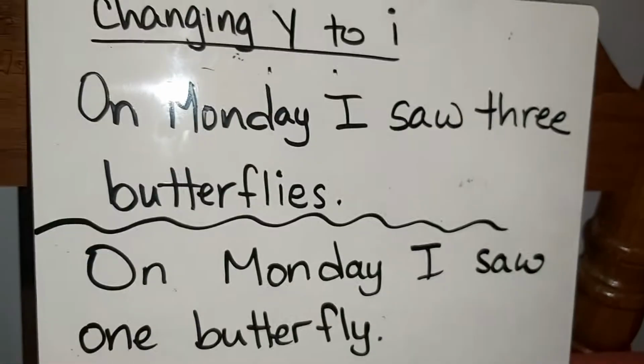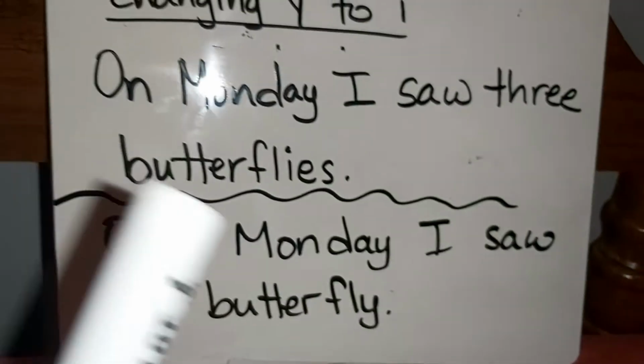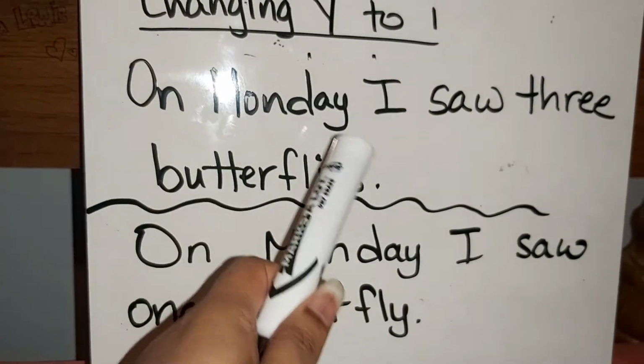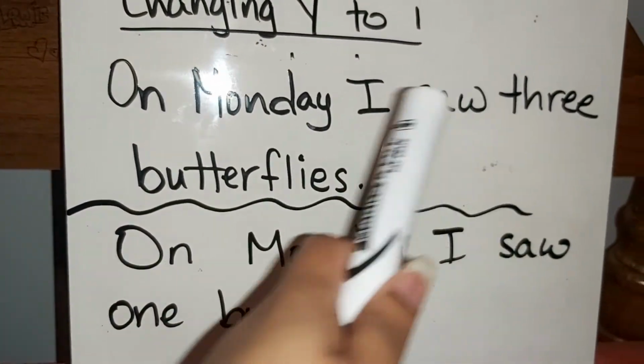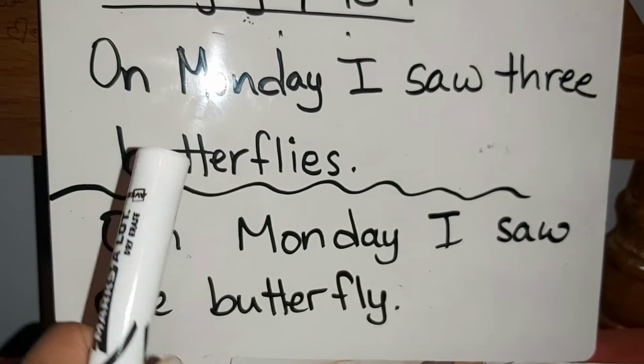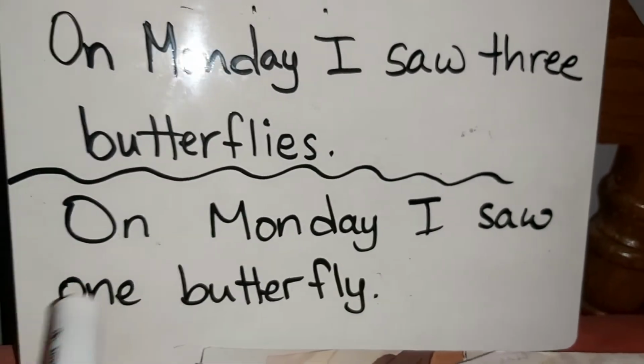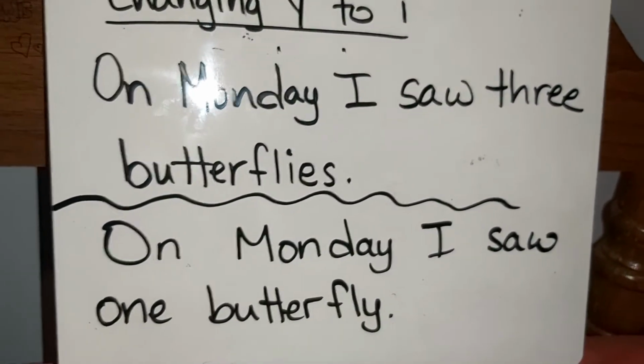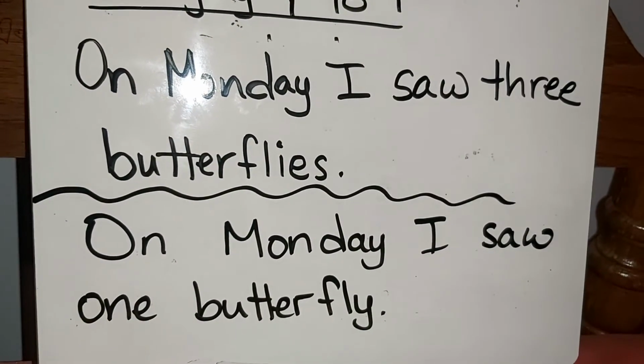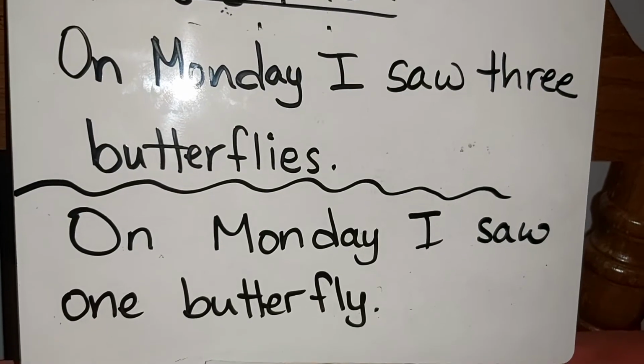We have two different sentences here. Read it with me. First one. On Monday, I saw 3 butterflies. Let's read the second sentence. On Monday, I saw 1 butterfly. What is the difference? Take a moment and think about it.